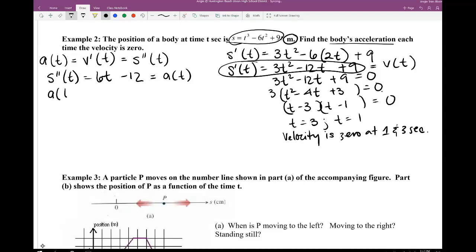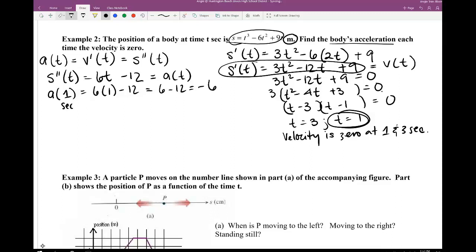So a of t, let's use 1 first. So a of 1: the first time the velocity is 0 is at 1 second, so I'm going to plug 1 in. 6 times 1 minus 12 equals 6 minus 12, which is negative 6.